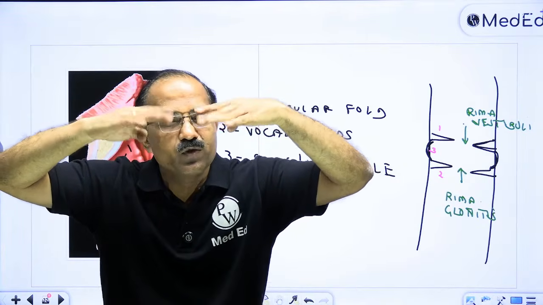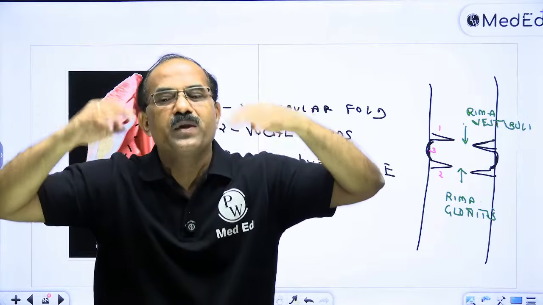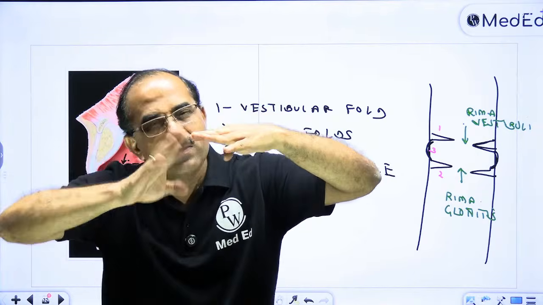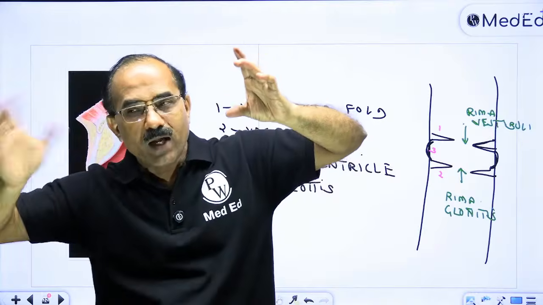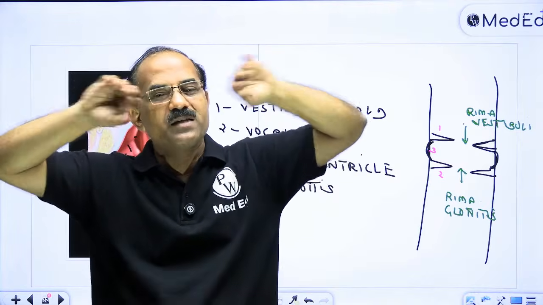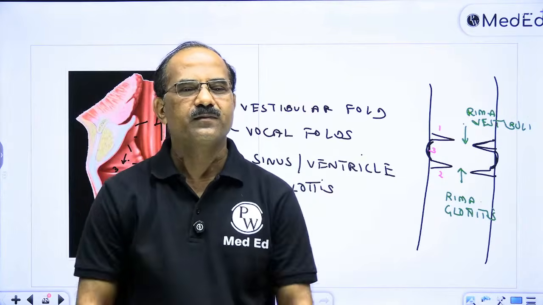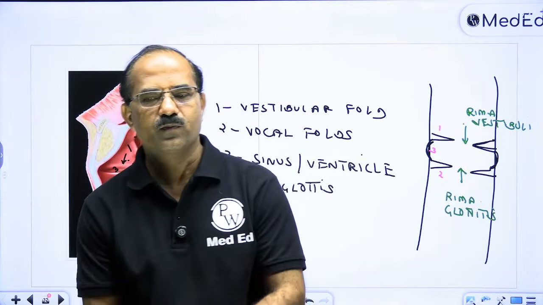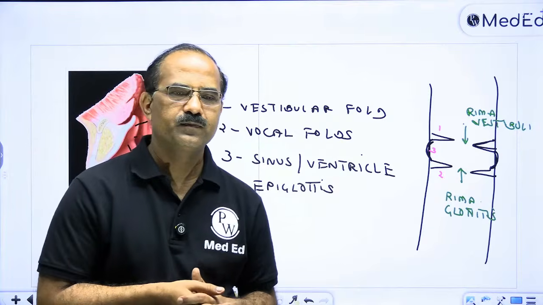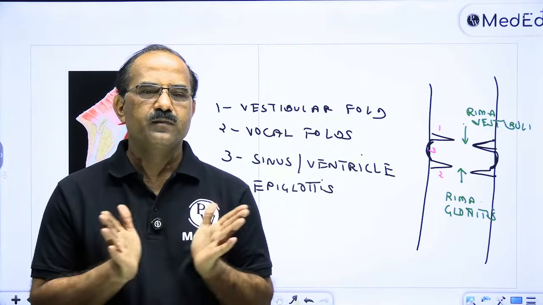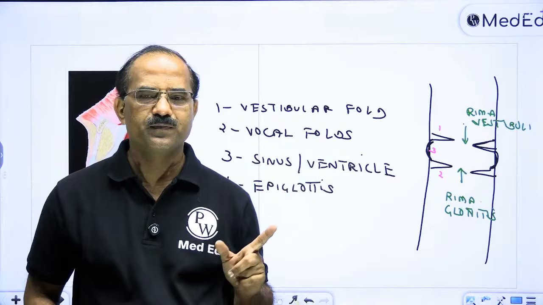The space between the two vestibular folds is rima vestibuli. The space between the two vocal folds is rima glottidis, and the space between one vestibular fold and vocal fold is the sinus of the larynx. Fine. Is it clear, children? Is this clear?